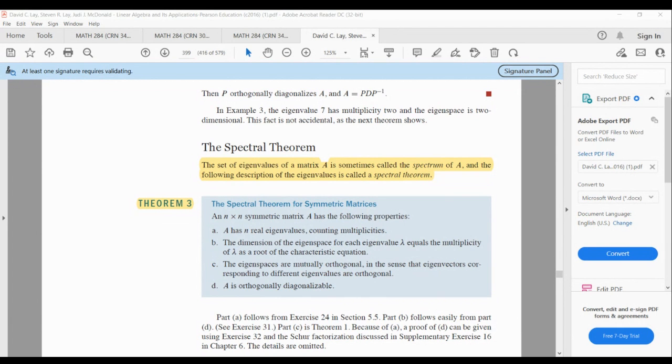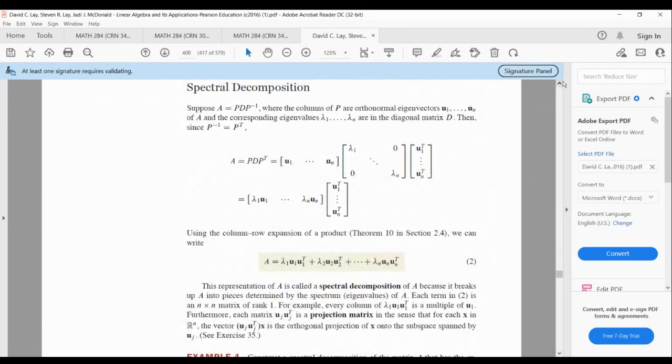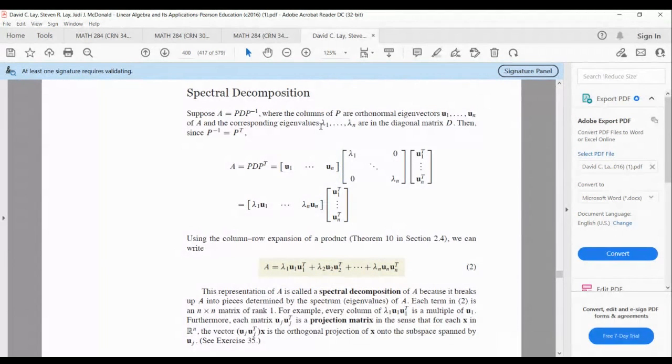There is something called a spectral decomposition for a matrix. Again, we're supposing that we have a symmetric matrix, and A equals P times D times P transpose. The matrix P consists of orthonormal columns U, the orthonormal eigenvectors. The diagonal matrix D is a diagonal matrix of eigenvalues.